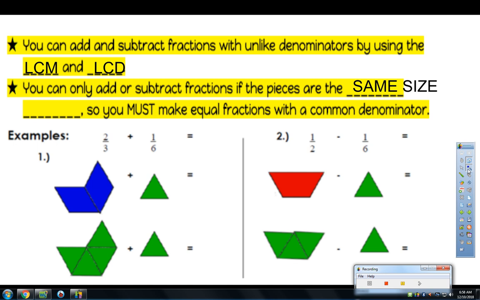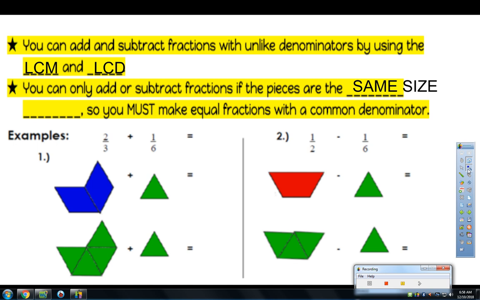That's not a thing. But what I can do is trade these blue shapes in for green shapes. I can trade my thirds in for 6ths so that everything is the same size, and then I can count them up.